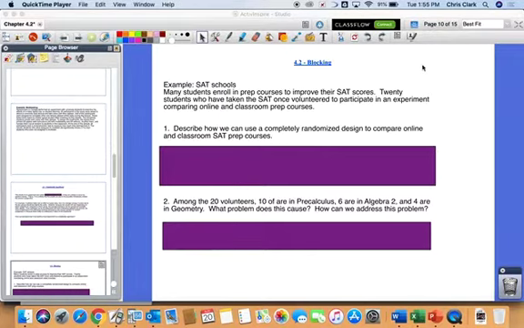Now, listen, there is a distinction between an experiment and a sample. Okay? With an experiment, we normally are dealing with volunteers. We're normally not dealing with a sample from a population. Think about it. If I was doing an experiment with GAC's high school student body, and I was trying to get a random sample from that student body, I would have to make sure that everybody in my population was willing to be a part of my experiment.